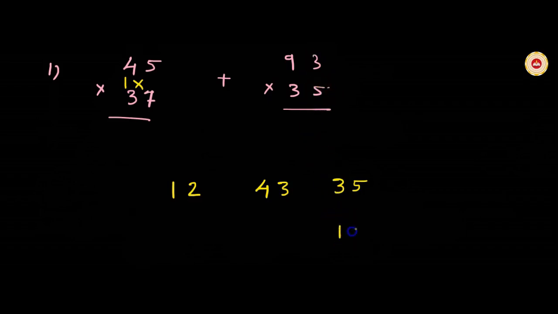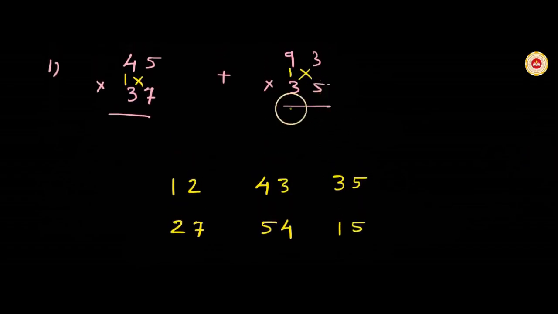Write 15 in first part from right side below 35. Now crosswise, 5 9s are 45 plus 3 3s are 9. 45 plus 9. How much? 54. Now vertical multiplication, 3 9s are 27. Now friends, we have written the answer of this multiplication in three parts.